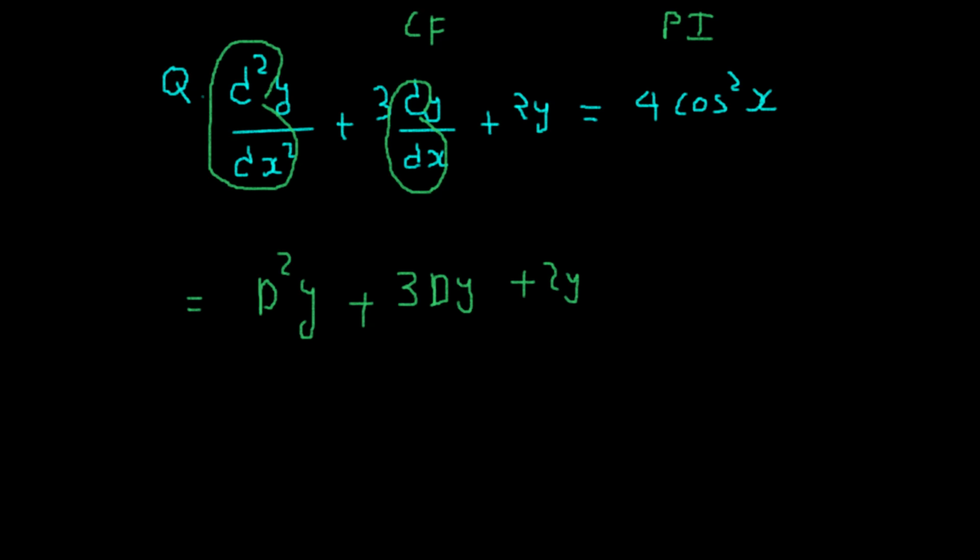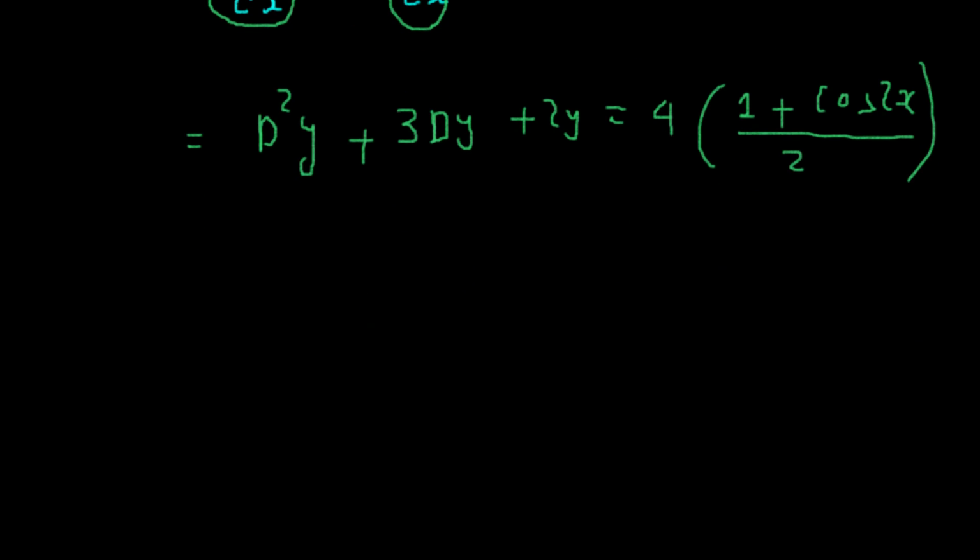One more thing you can do here is, for x square, write the very simple formula (1 plus cos 2x) upon 2. We're just simplifying it.